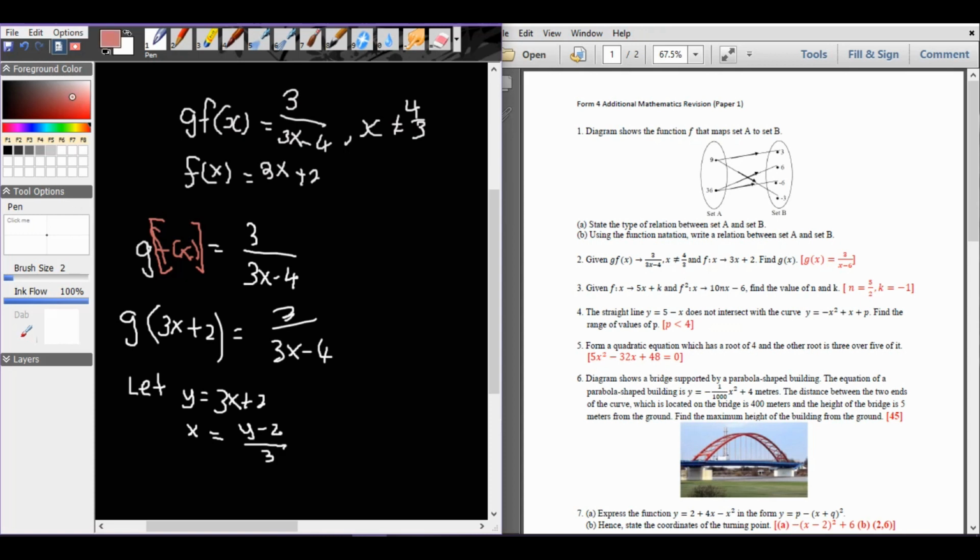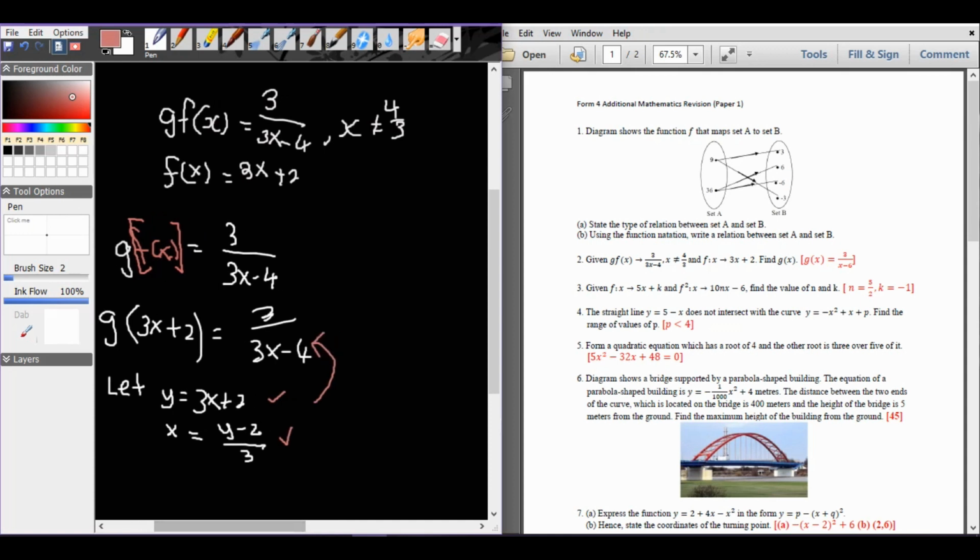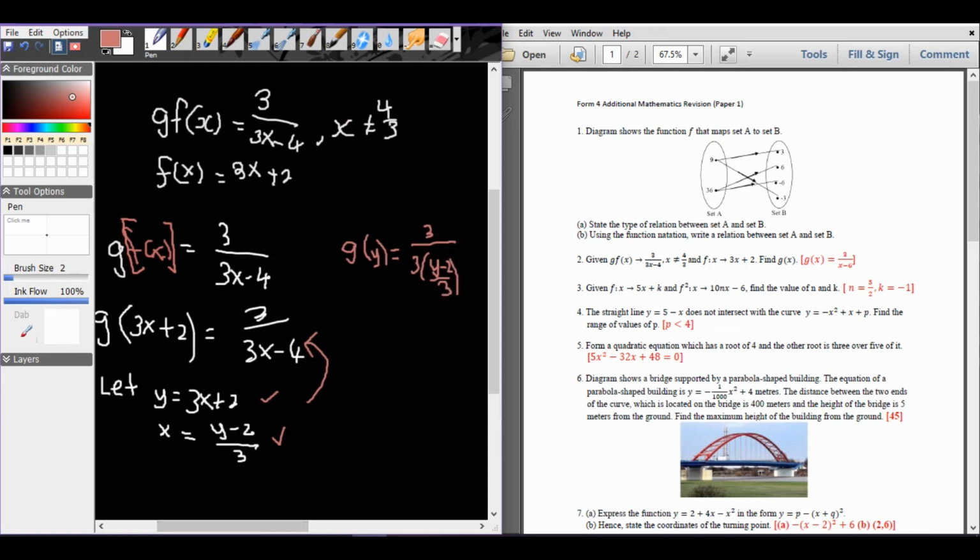Then you substitute these 2 back into this function. You will have g(3x plus 2) is g(y). So g(y) equals 3 over 3 times (y minus 2) over 3, minus 4.